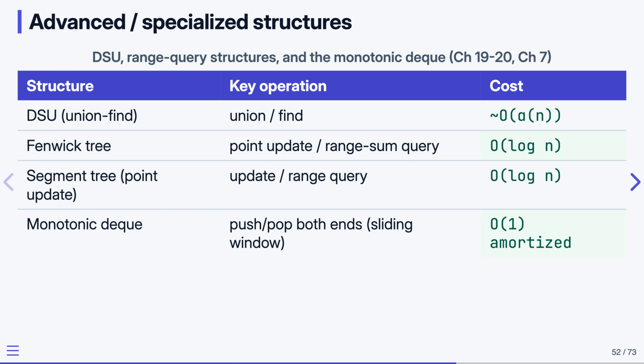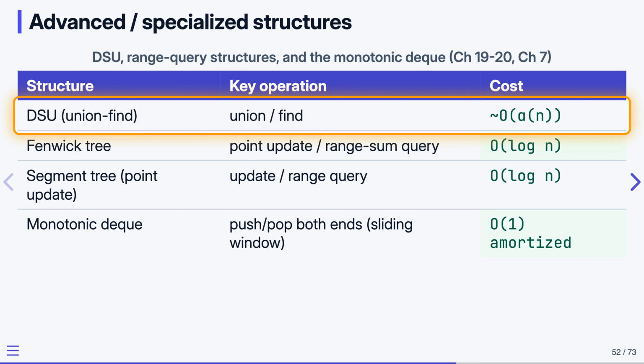Last, the specialized structures. Each of these four solves one narrow problem better than any general-purpose structure could. Disjoint set union merges groups and checks membership with its union and find operations, in near big O of alpha of n, effectively constant.